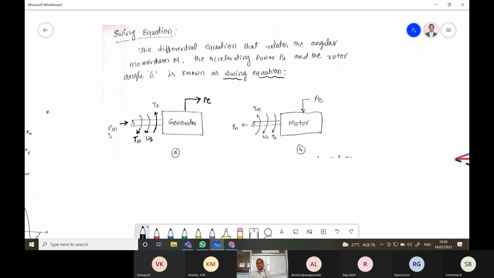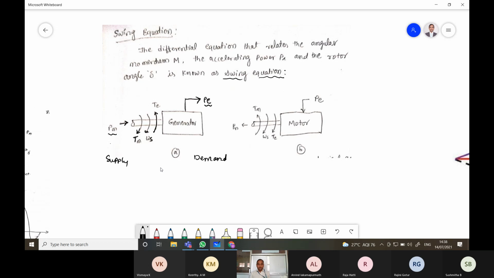We need to balance mechanical power and electrical power. Otherwise the rotor is going to be swinging between supply and load, supply and demand. Both should be maintained exactly. If any change occurs between these two and it does not balance, then what happens?